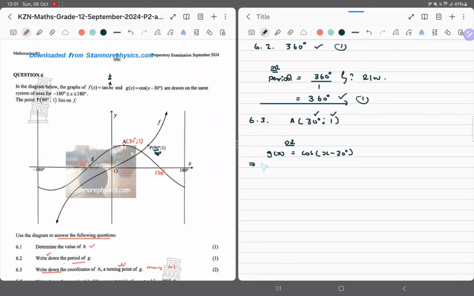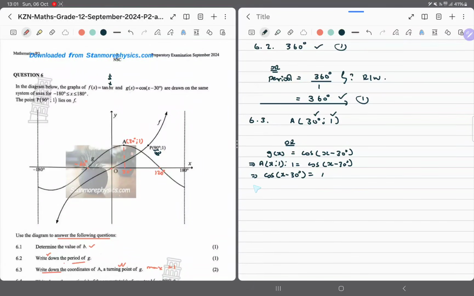Then this implies that with this point A here, we've got x is to 1, such that 1 is equal to cos of x minus 30 degrees. This implies that cos of x minus 30 degrees is equal to 1.